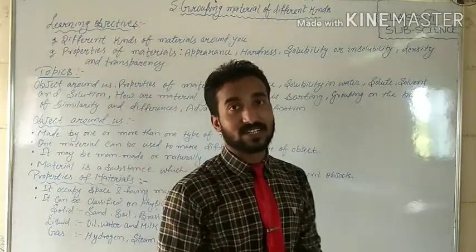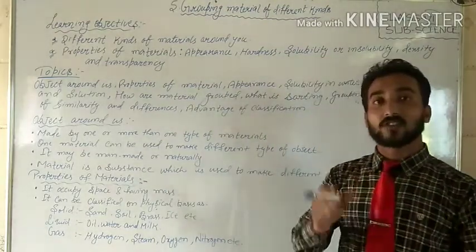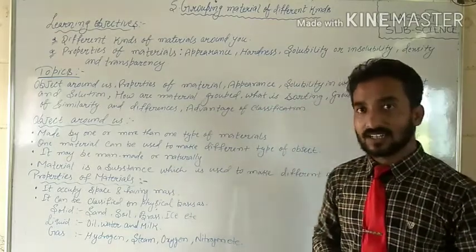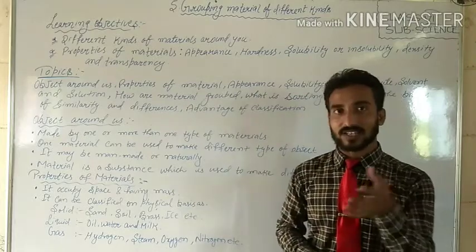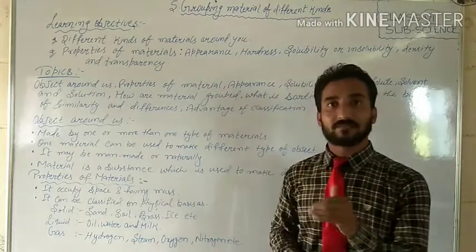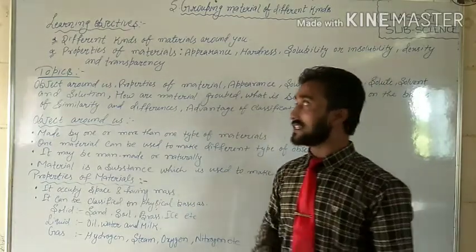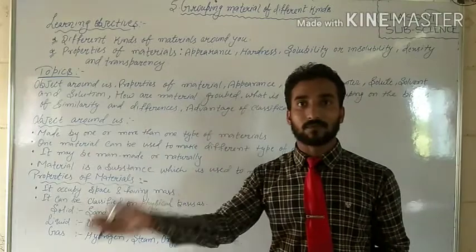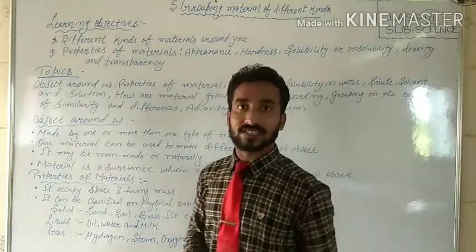As I said, on the basis of different kinds, it means on the basis of their properties. A few materials may be solid, a few liquid, a few gas. On the same basis, there may be similarity and dissimilarity. The next properties are appearance, hardness, solubility; these are all properties of materials. So students, we will learn about this in this chapter.